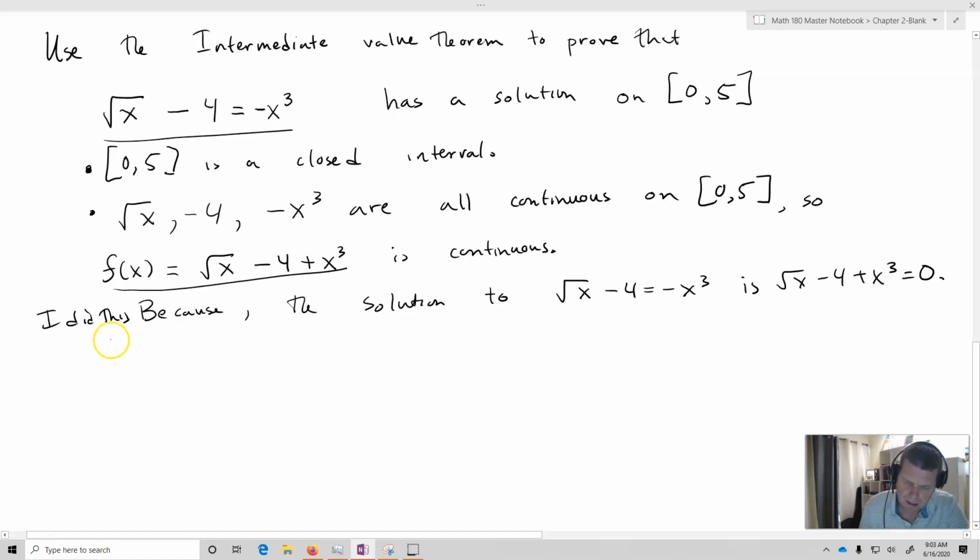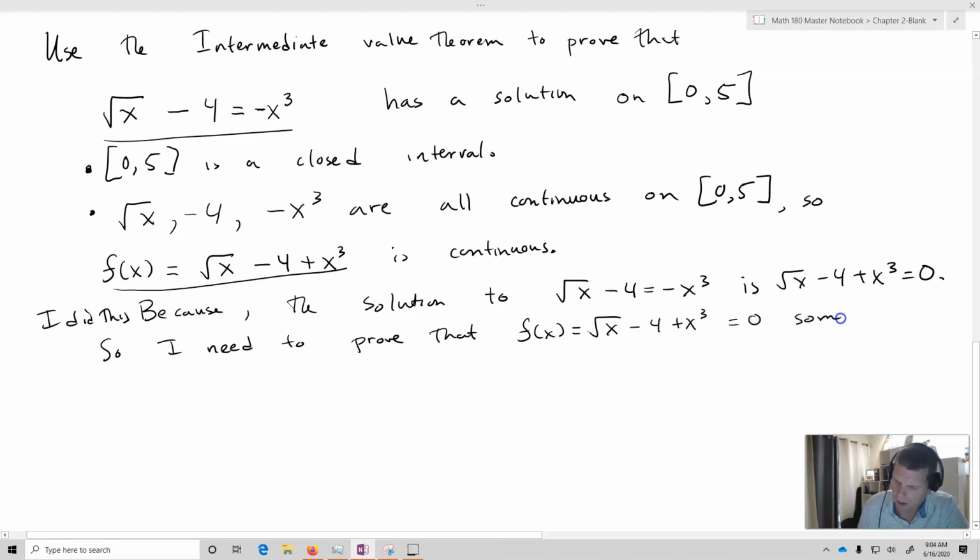So I need to prove that f of x equal to the square root of x minus 4 plus x cubed equals 0 somewhere on 0 to 5.